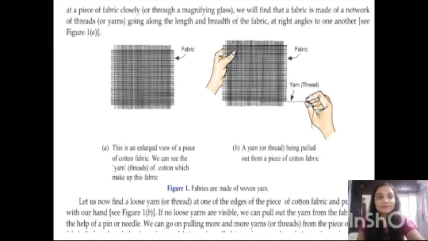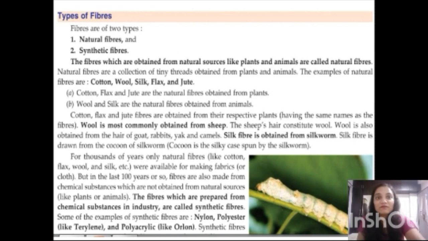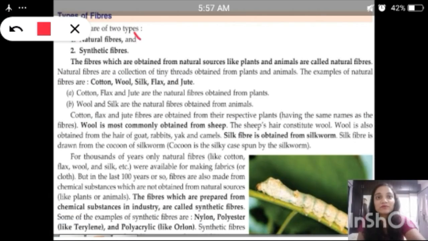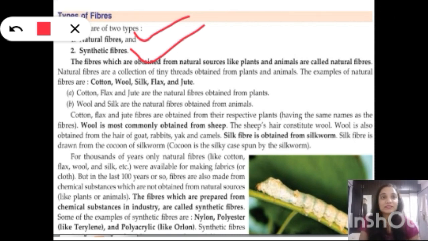Next is types of fiber. Here you have to remember that we have two types of fiber, natural and synthetic. Fiber obtained from a natural source, either from animals or plants, is called natural fiber. Examples of natural fiber are cotton, wool, silk, flax and jute.